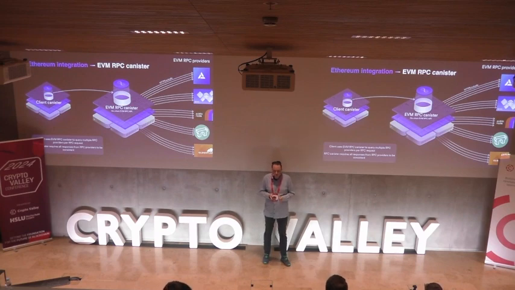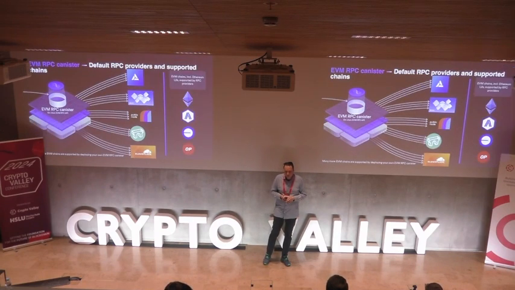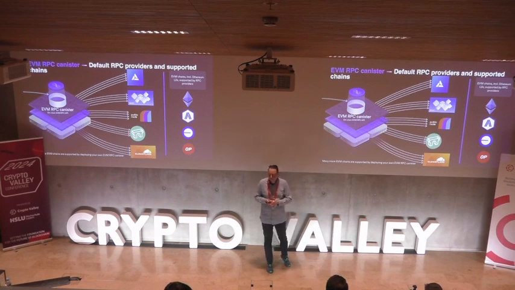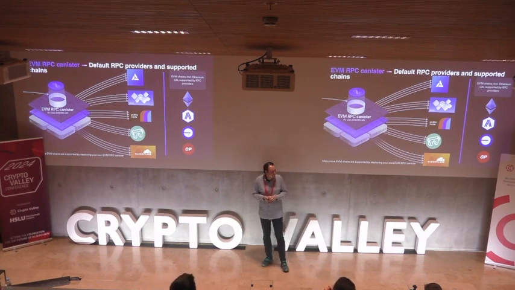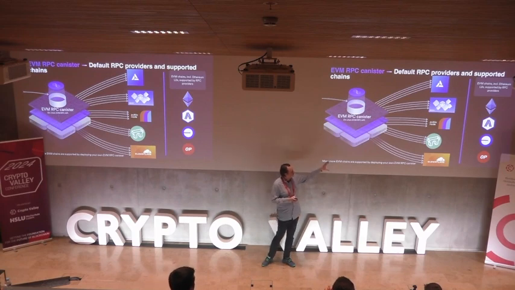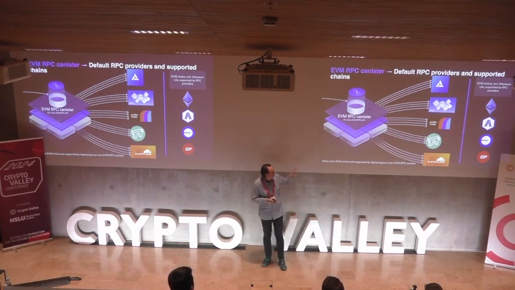Now that's the way we can get access to Ethereum mainnet and of course testnet and other blockchains, like we have a couple of layer 2s already, like the Arbitrum One, Base, and Optimism protocols. And those are reachable through a handful of RPC providers that are hard-coded or installed as defaults in this RPC canister.